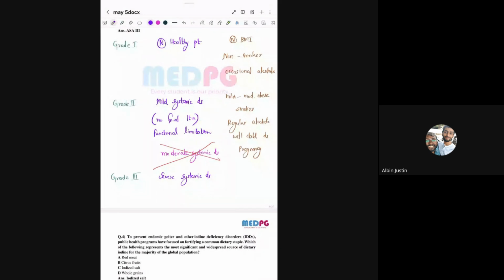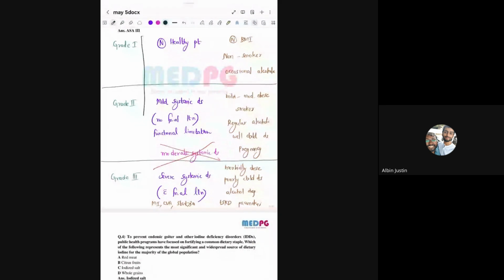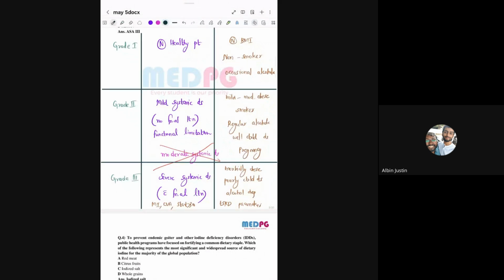So severe systemic disease with functional limitation: morbidly obese, poorly controlled disease, alcohol dependent, ESRD, then MI or CVA, stent more than 3 months, pacemaker, all this. Okay, is that clear?